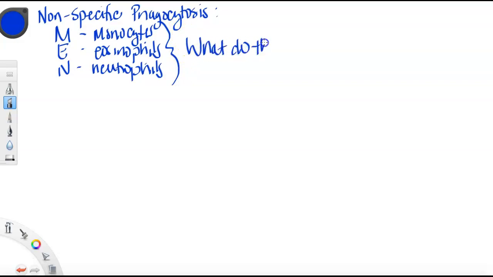So what do they eat? Okay, well, I guess if they're men, they'll eat anything, which is basically what the deal is, but these men are looking for pathogens.